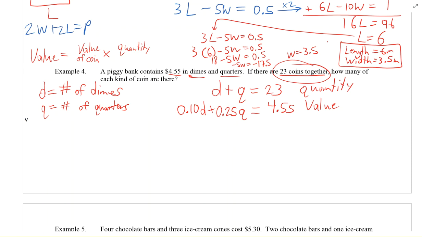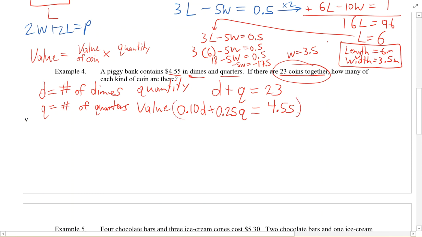So here's where it kind of gets a little wishy-washy. There's several different ways of solving these things. One way, I'd like to try and avoid working with the decimals. And the reason why is because students often lose their decimals. Okay. And so what I like to do is I like to times this one by 100.